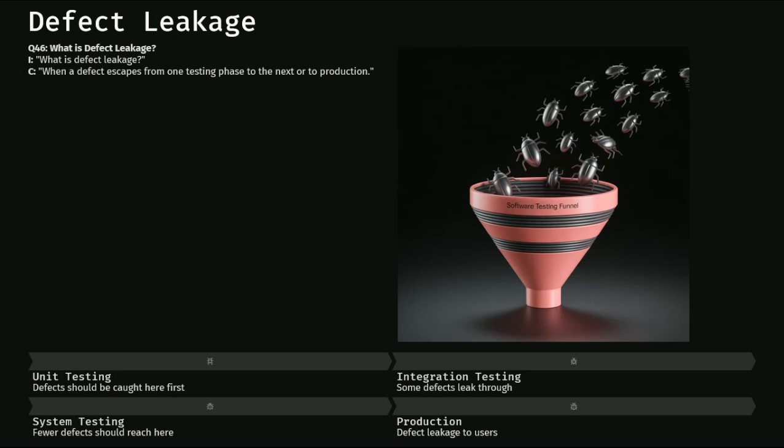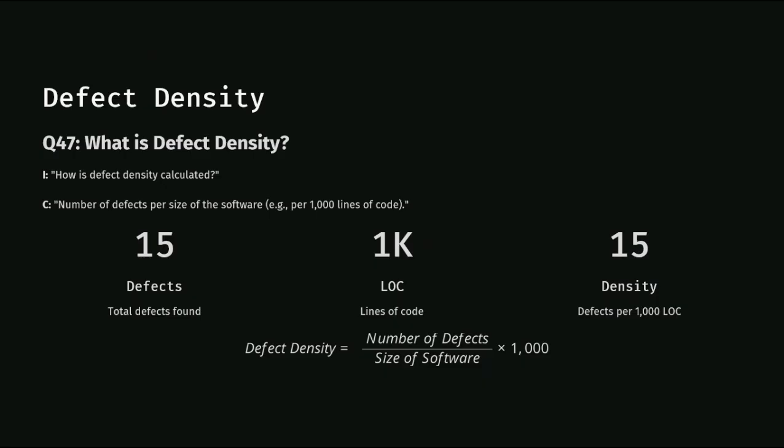When a defect escapes from one testing phase to the next or to production, right? In unit testing, defects should be caught here first. In integration testing, some defects leak through. In system testing, fewer defects should reach here. In production, defect leakage to users.